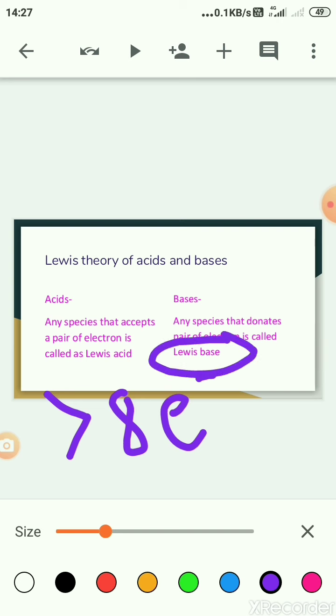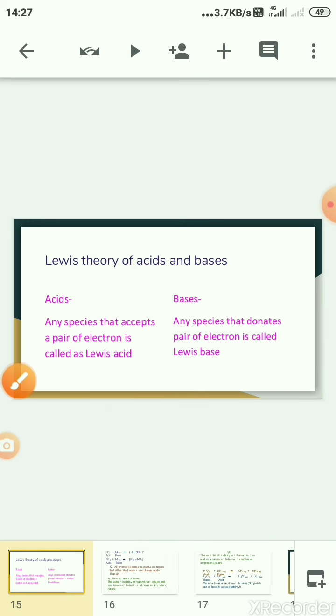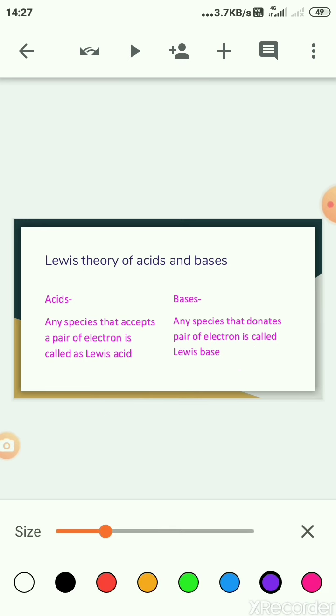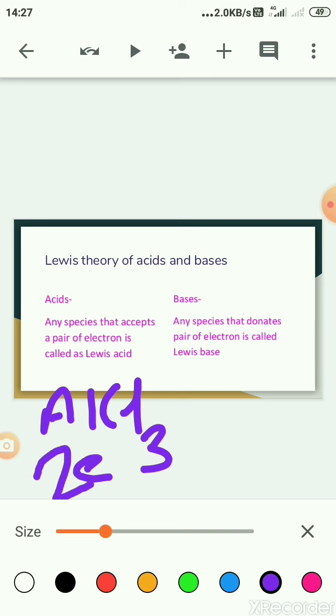A simple example we can take is AlCl3, aluminium trichloride. It contains 6 electrons, 3 electrons from aluminium and 3 electrons from chlorine, and it needs 2 electrons to complete its octet.